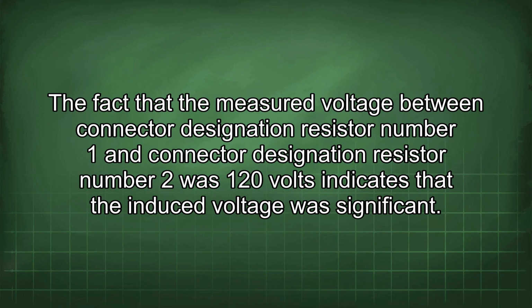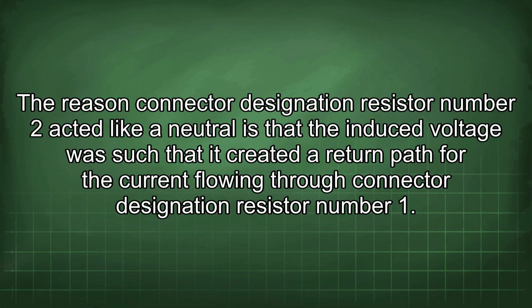The fact that the measured voltage between connector designation resistor number 1 and connector designation resistor number 2 was 120 volts indicates that the induced voltage was significant. The reason connector designation resistor number 2 acted like a neutral is that the induced voltage was such that it created a return path for the current flowing through connector designation resistor number 1.